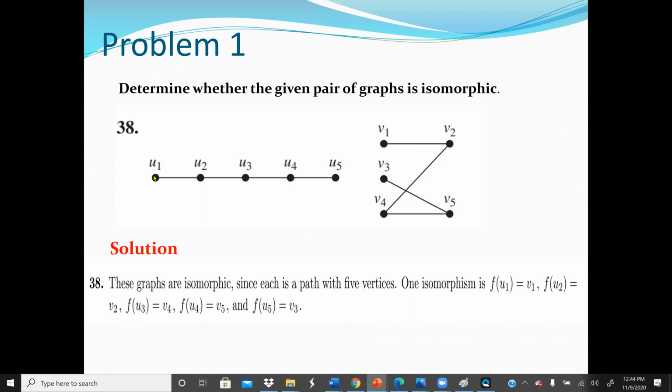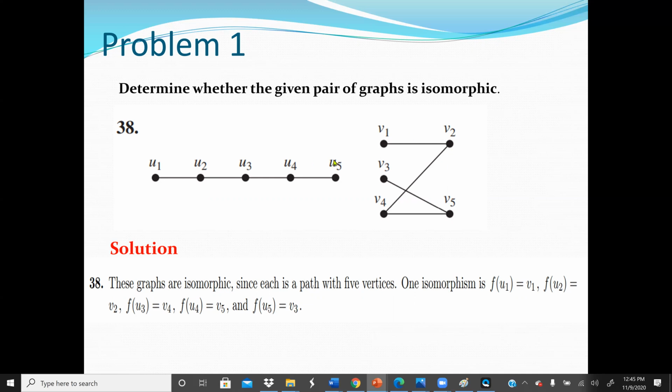We can see that here our U1 has only 1 degree. So we can represent it with V1. V1 also has only 1 degree. The 1 degree connects to U2, and U2 has 2 degrees because U2 goes to U1 and U3. Same thing here, V2 connects to V4 and V1, so you have 2 degrees.